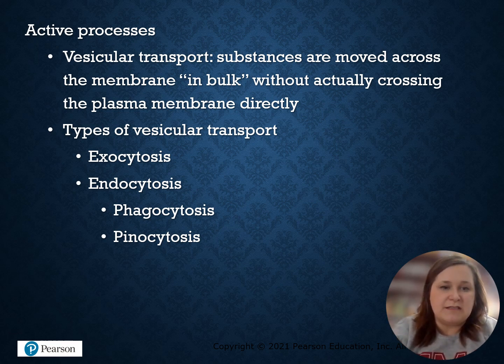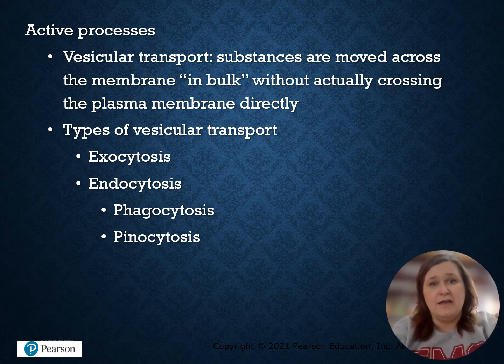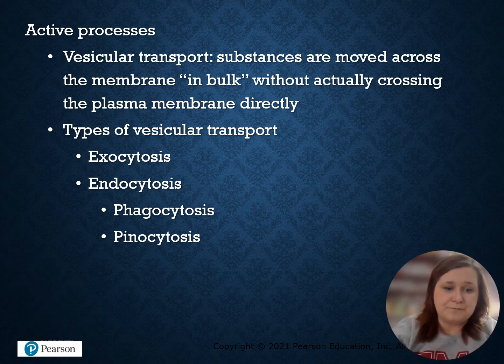So this is going to be things like exocytosis, endocytosis, and within endocytosis is where we get phagocytosis and pinocytosis. Phagocytosis is whenever something like a macrophage is engulfing something to then move it out of a cell. Pinocytosis is exactly the same thing, except instead of moving a solid thing, you're moving liquid across.